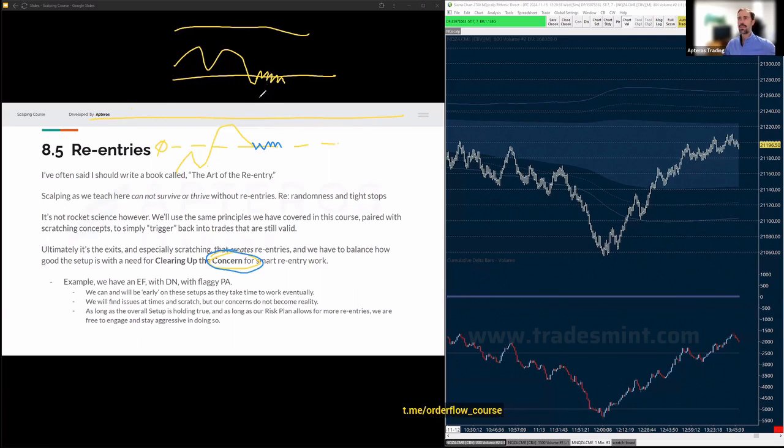So we could try the trade here and stop, maybe try it and scratch, and then we try it and then it works, right? So the point is that there are valid concerns along the way, even within a really nice setup like this. It's a simplistic setup, but valid.